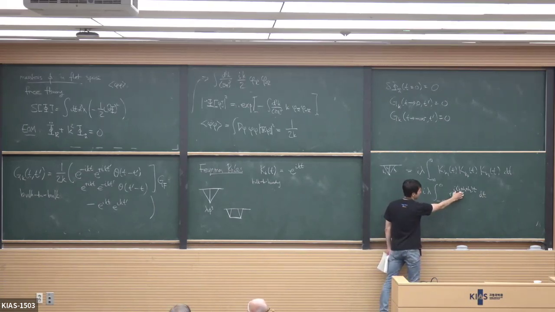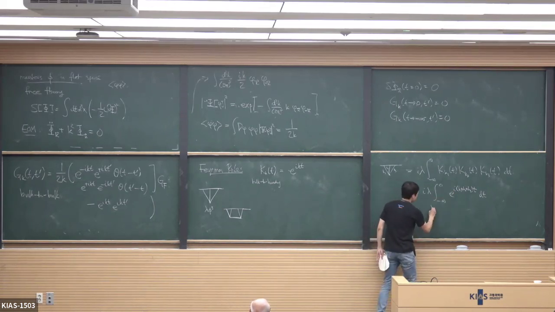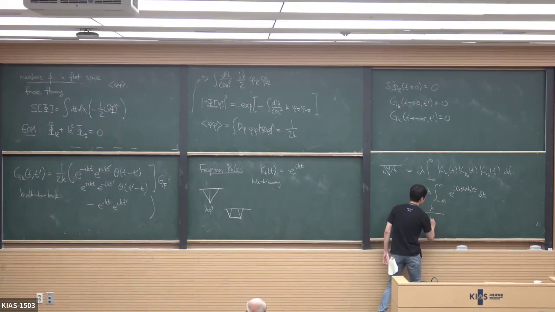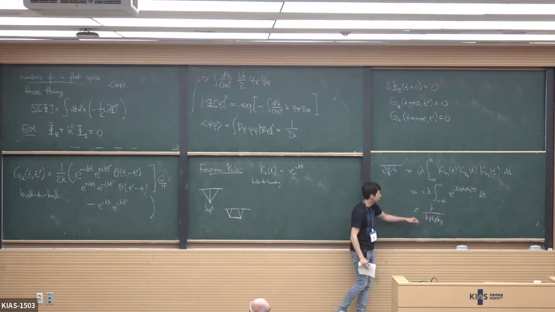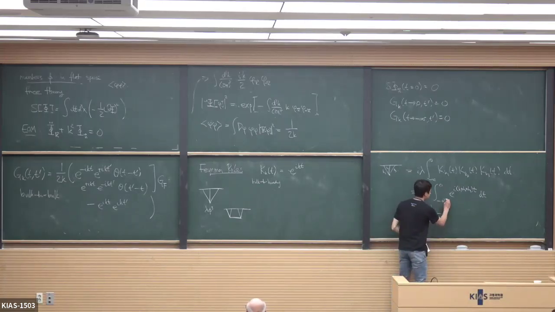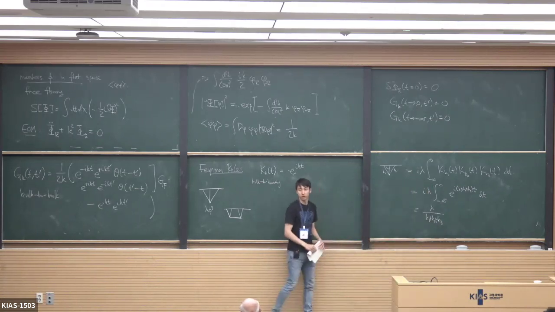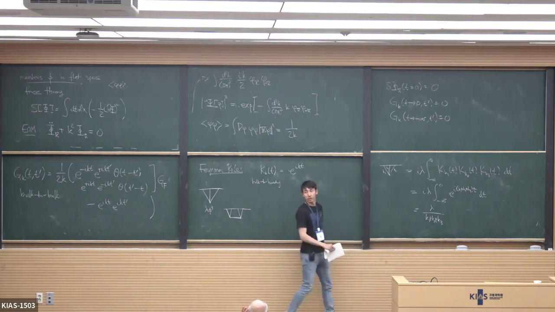When you do this, you bring down this factor of i times the sum of k's in the denominator, and factors of i cancel. So what you get is this result, because the plane wave when you evaluate at t equals 0 is 1, and in the far past limit with the i epsilon prescription it becomes 0. So this is the answer for this 3-point wave function.